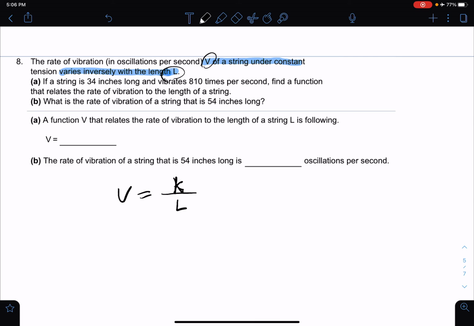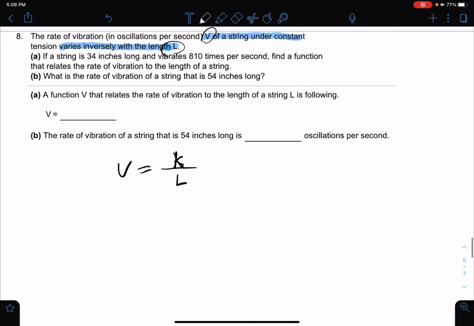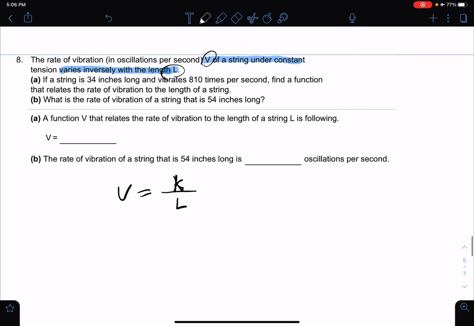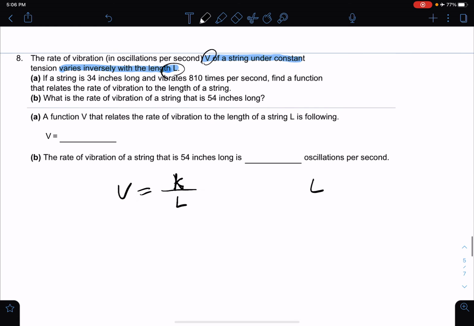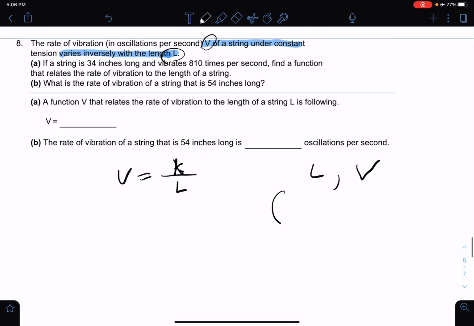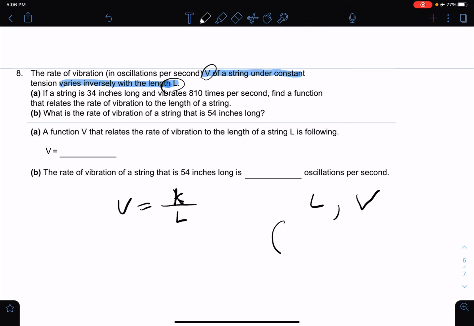And the reason why you want to use the variables they're using is because of what I like to do with word problems. These problems are not that hard, but in the word problems it's like, where do things go? Well, first of all, our ordered pair, for thinking about this like graphing, would be L comma V, right? And what is L? They told us it varies with the length.